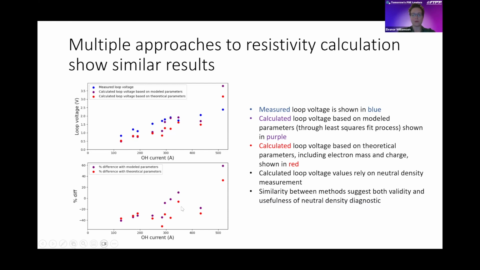This is important for two reasons. One, it suggests once again that the neutral density is working. And two, it suggests that the neutral density is actually useful. That's a really, really exciting result.